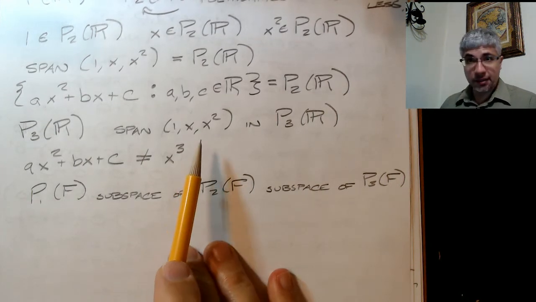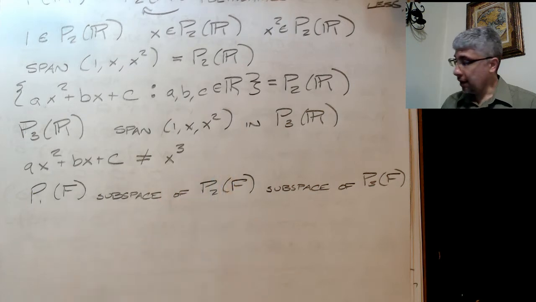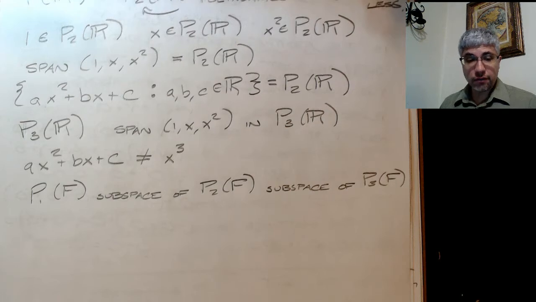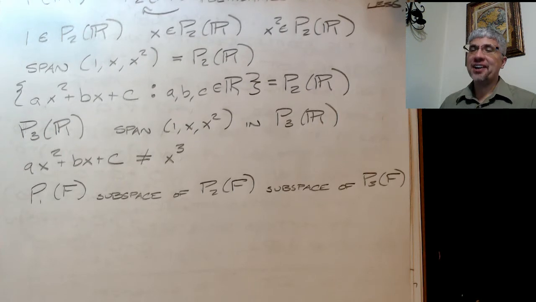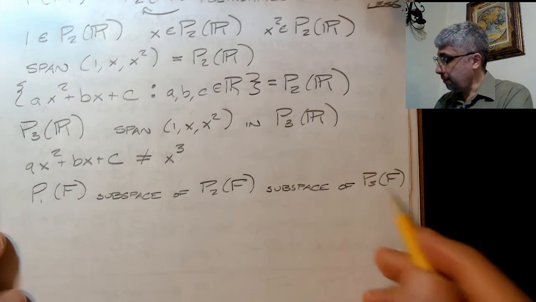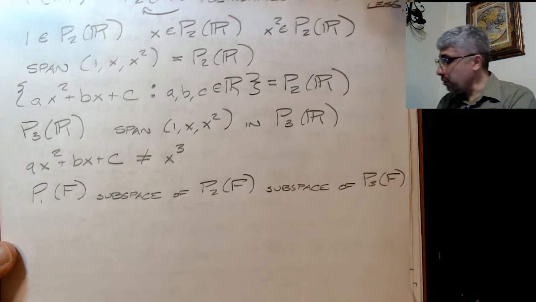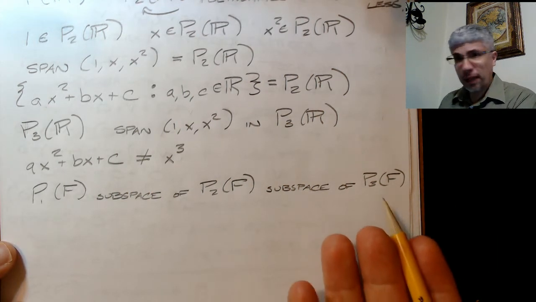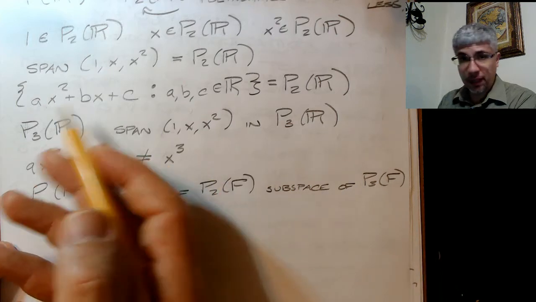So here we have an example where we have a span of finitely many vectors in P3 of F. But P3 of F would in itself be the span of 4 vectors. P2 would be the span of 3 vectors.